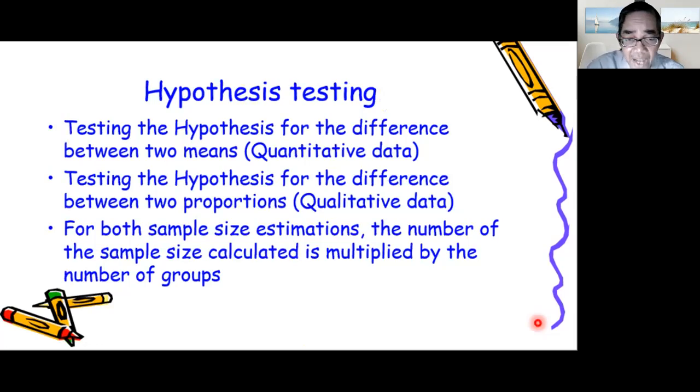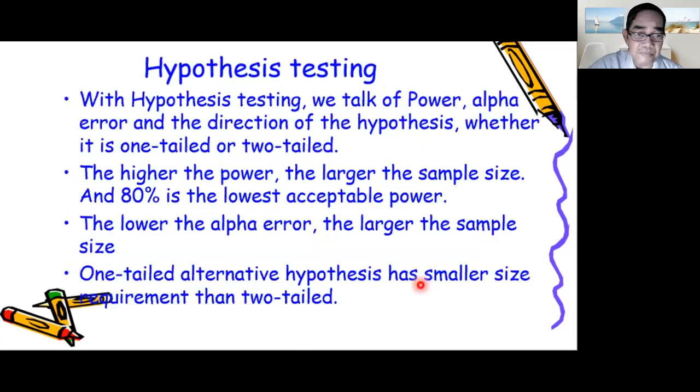From the formula that I will be giving you, when you calculate the sample size using the test of hypothesis, the result will be multiplied by the number of groups that you have. You will note that with hypothesis testing, you are comparing two or more groups. So the number will be multiplied by the number of groups that you want to compare.